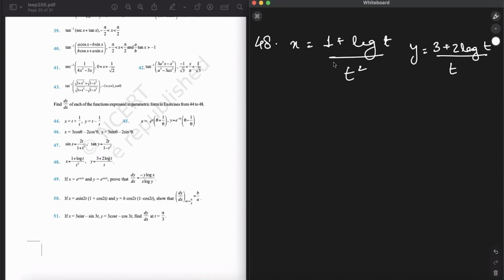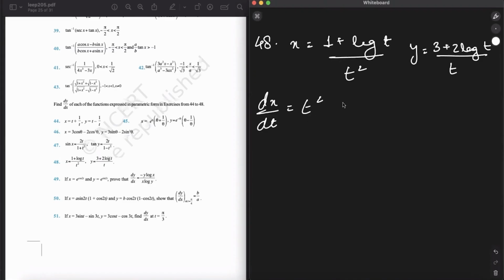Okay, what can we do in this situation? Since I cannot think of anything else, I'll just differentiate it like this. Okay. So on doing so, what will I get?